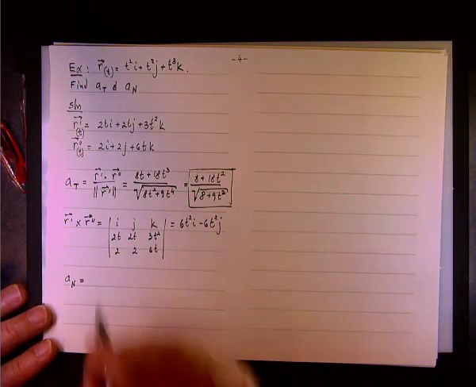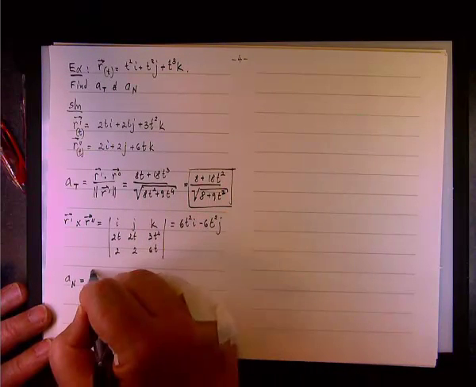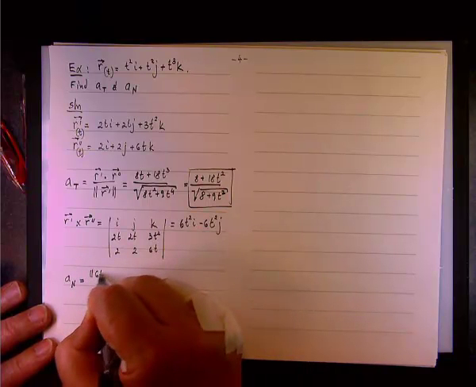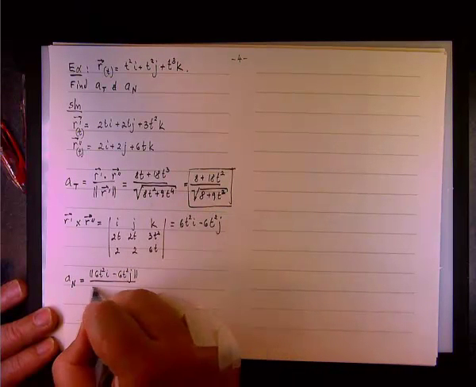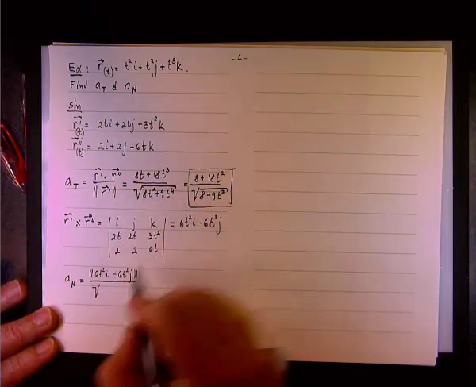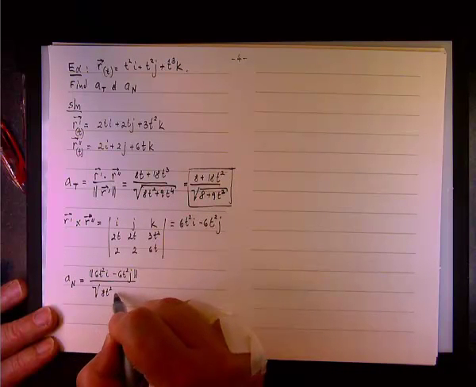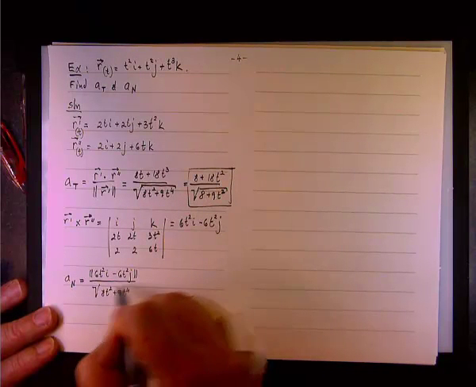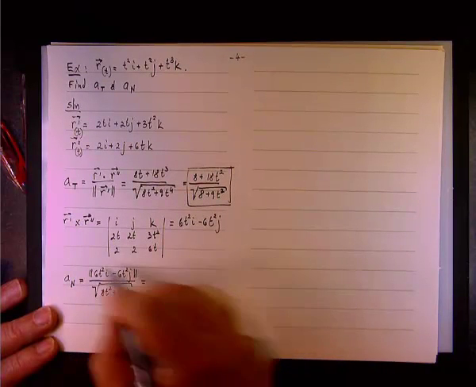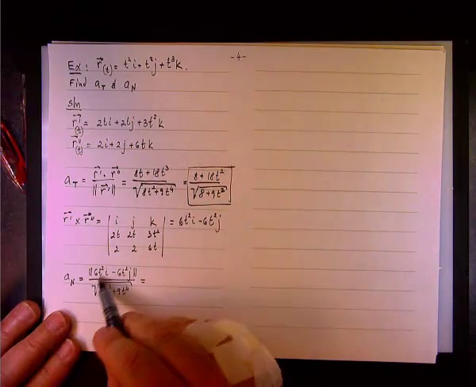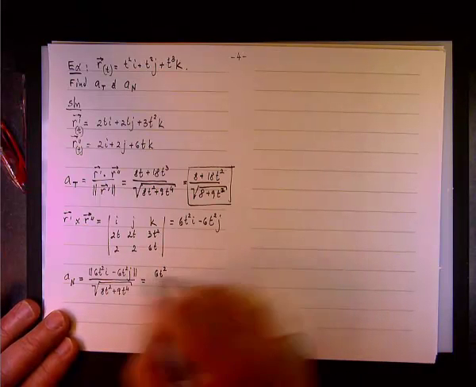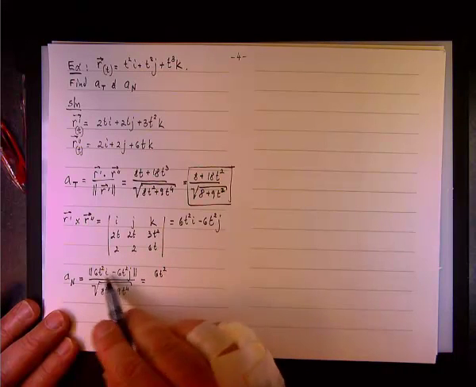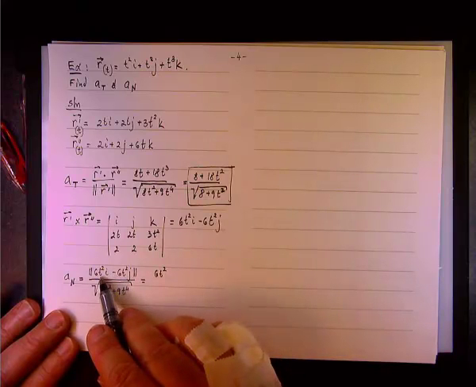So a sub n is now the magnitude of the cross product. So the magnitude of 6t squared i minus 6t squared j divided by the magnitude of r prime, which is 8t squared plus 9t to the fourth inside the square root. Once again, we can factor 6t squared, right?